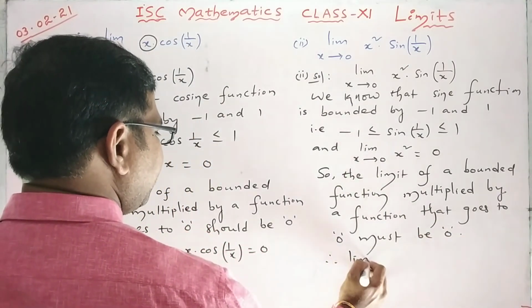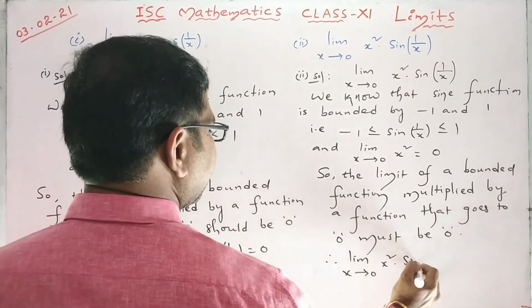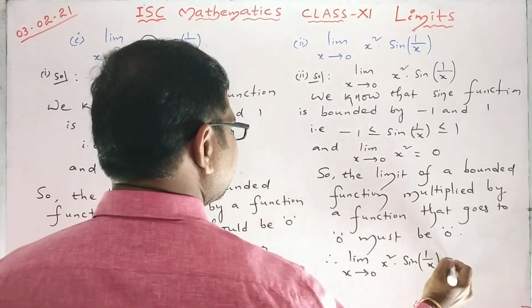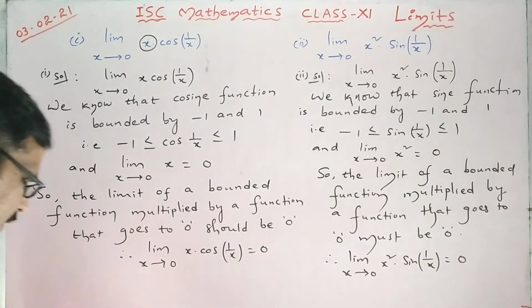Therefore limit x tending to 0, x square into sine 1 by x becomes 0. Am I clear? Thank you.